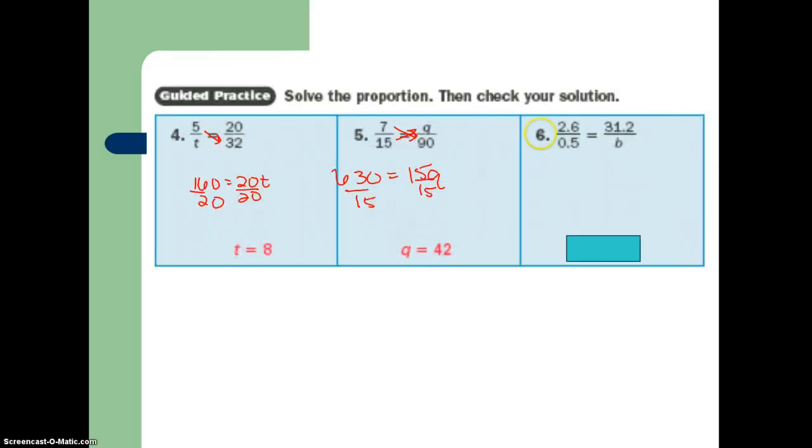Number 6: 31.2 times 0.5 gives 15.6 equals 2.6 times b. Divide by 2.6, that's your coefficient, on both sides, and you end up with 6. Be careful: I forgot to put my decimal point, and the 156 was 15.6.